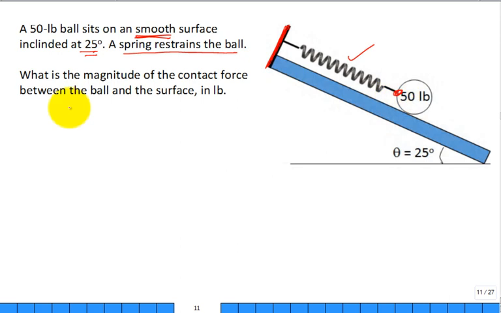What is the magnitude of the contact force between the ball and the surface? The ball is 50 pounds, so I want the contact force in units of pounds. All right? I'm going to give you enough time to solve it. Numeric input. We'll give a good 4 minutes.